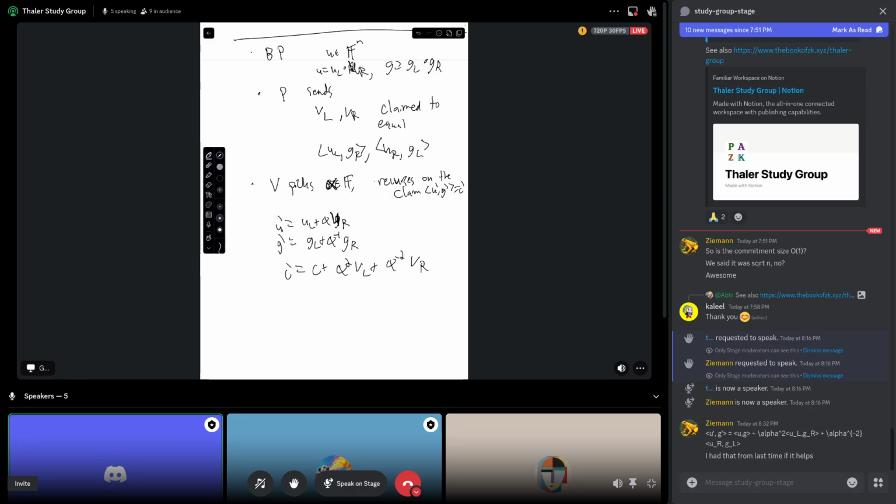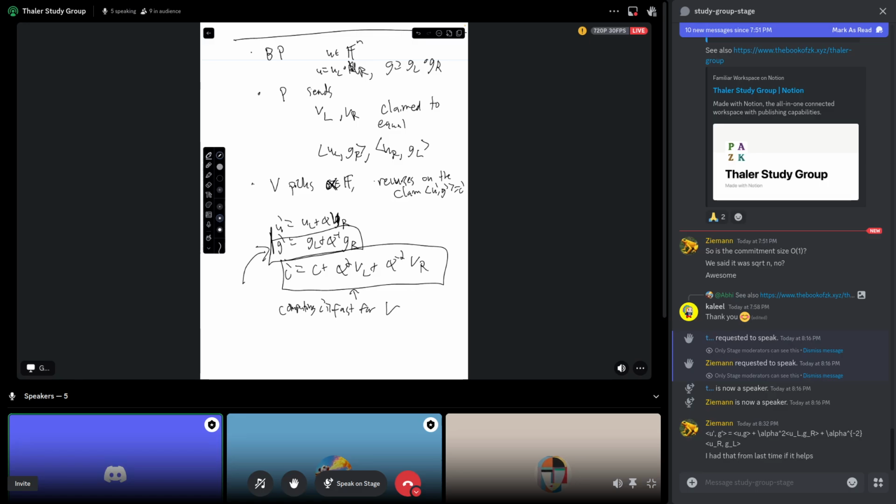The verifier needs to know G prime and it needs to know C prime. Of course only the prover knows U prime, because only the prover knows U. Computing C prime is fast for the verifier.